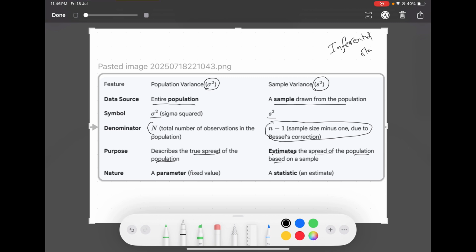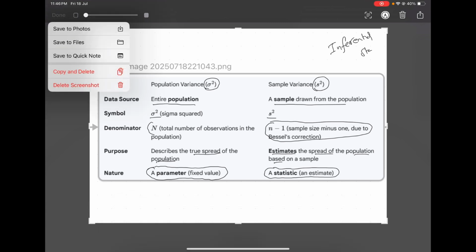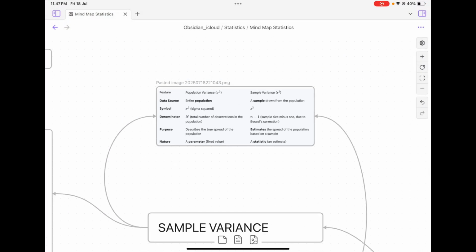Now, what is its nature? This is a parameter, a fixed value. It will not change. And this one is a statistic, something we got from the sample. This is an estimate of the actual value. It need not be correct. So this is the difference between sample and population variance.